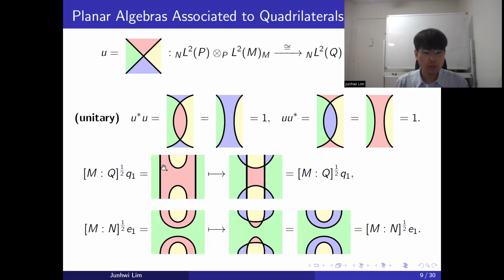Now, for the diagrams with red on the boundary, we can conjugate by U to get blue regions on the boundary. Then the Q1 has a new expression like this, and E1 looks like this. But thanks to this relation, we can push the bump over here to the inside, and we can do the same for the bottom one. And we get the usual diagram for the Jones projection E1.